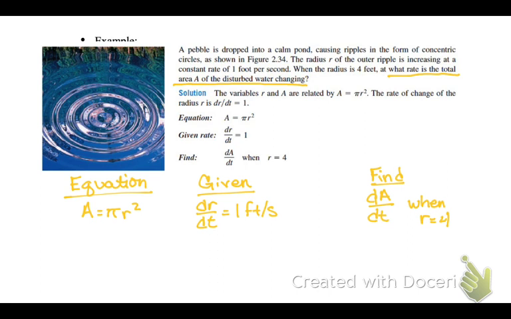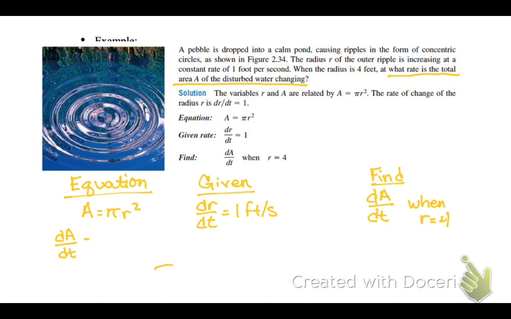Okay, so I have to find what? dA/dt. What's dA/dt mean? Rate. What does d/dt mean? Derivative. So I have to find the derivative of the equation that I wrote down. I'm just going to go dA/dt.